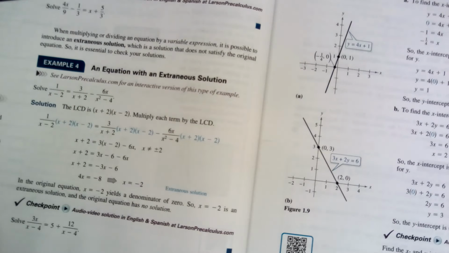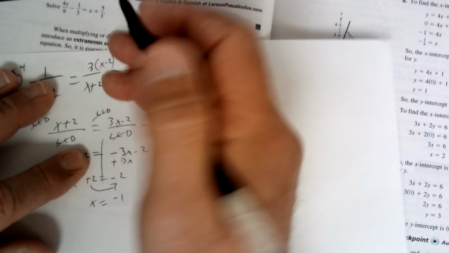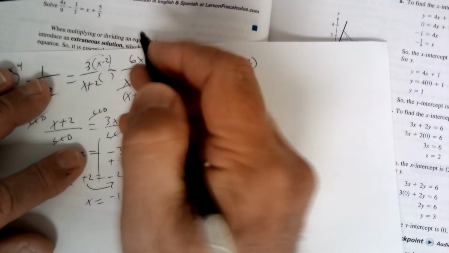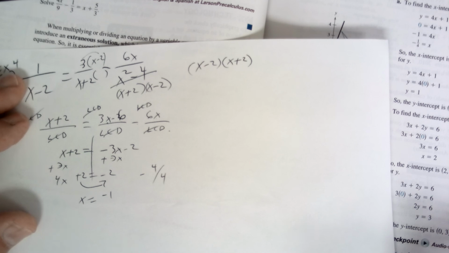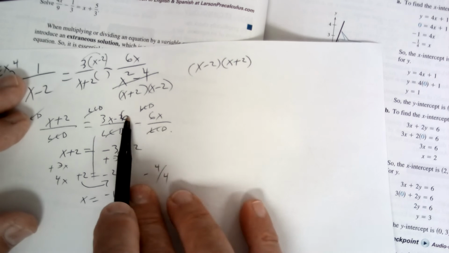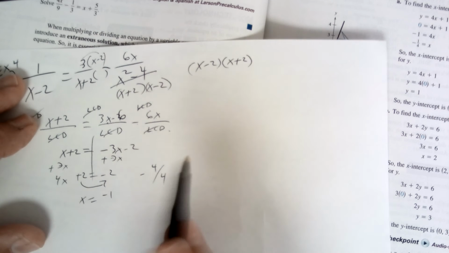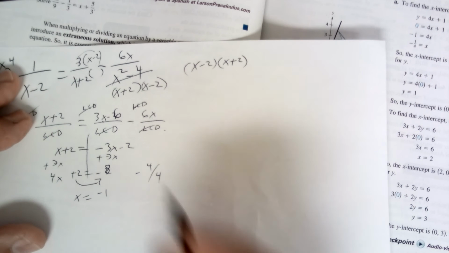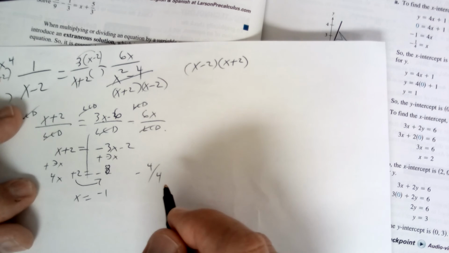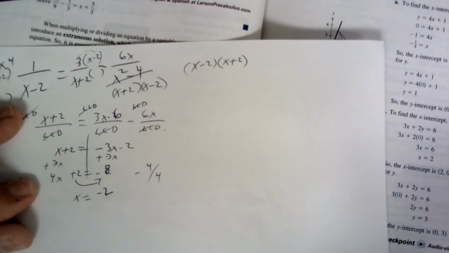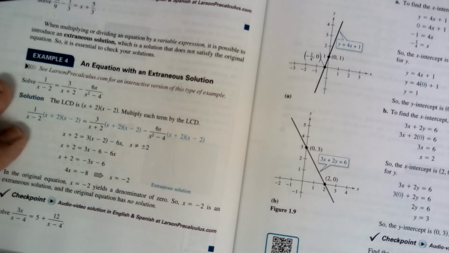Okay, so look right here at my work. This should have been distributed, and that should have been minus 6. So make that correction, okay? And let's see what we got. Minus 6, and that 2 is going to give us a minus 8. All right, and so minus 8 divided by 4 is going to be a negative 2. And that's what they have. Okay, so make that correction, and that's what they have right here.